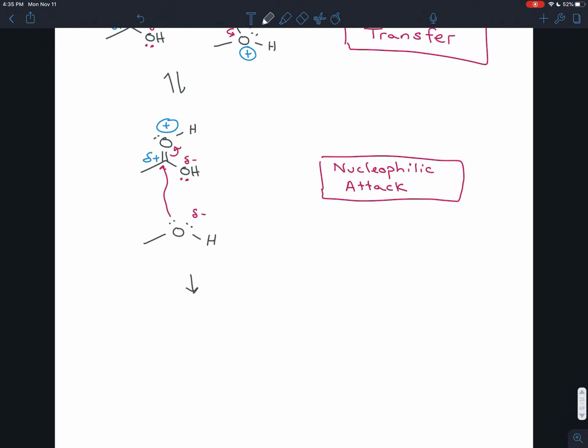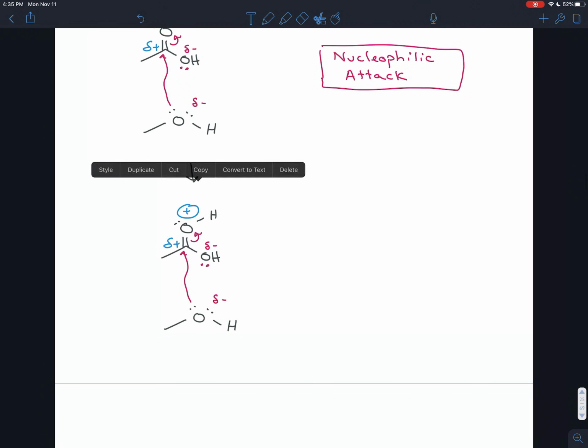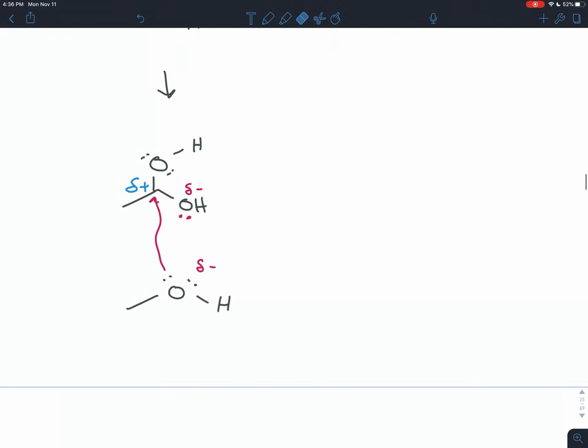Okay, what you get after that step is this pi bond is no longer there. It is a lone pair on the oxygen, and that takes away the positive charge on that oxygen. This lone pair on the methanol now forms a bond to what was the carbonyl carbon.